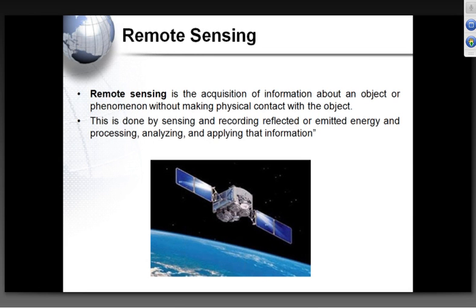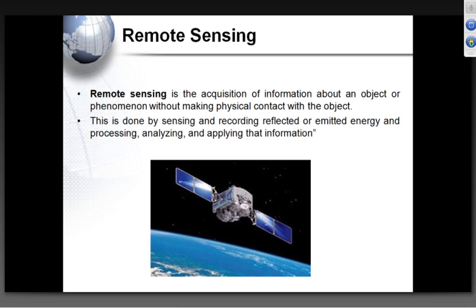Basically, if we go to the definition, remote sensing is the acquisition of information about an object or phenomenon without making physical contact with the object. Means we are making a contact but not a physical contact with the things present over on the Earth's surface, and we are obtaining the information without actual contact with that.